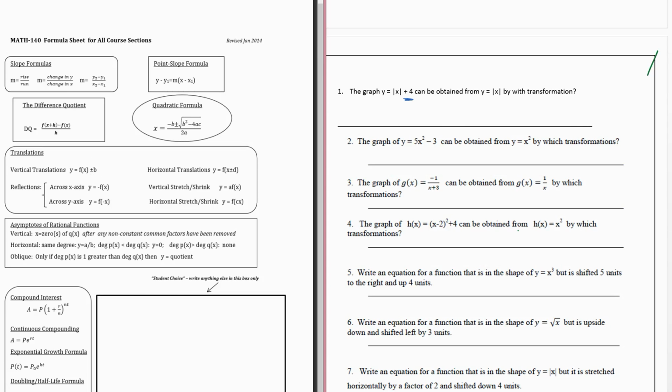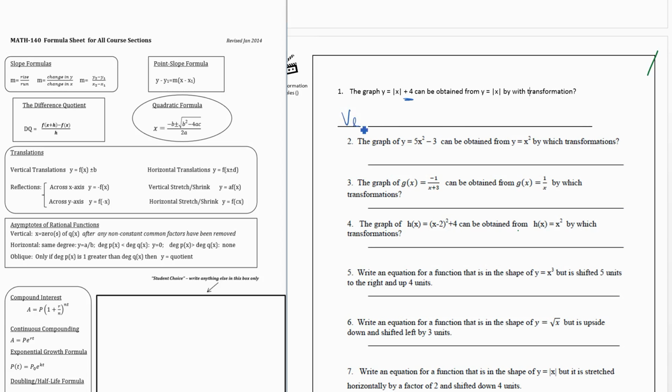Now you do have to remember, when we add something, does that move it up or down? Well, adding something vertical to the end moves it up. So here we'd say this is a vertical translation up by 4.